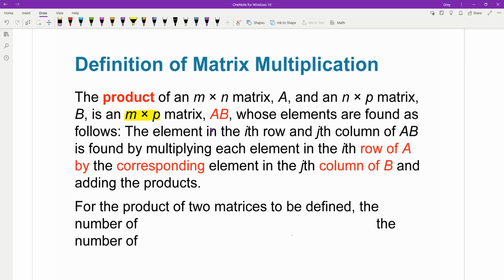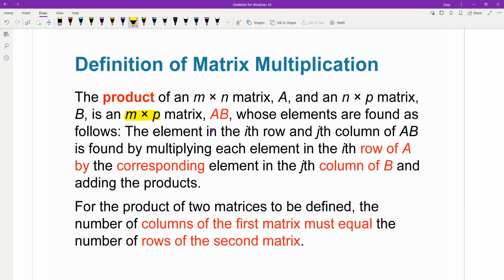So the columns of the first matrix must be equal to the rows of the second matrix. These two numbers, I know y'all did this last year, have to be the same. And this right here is the order of the new matrix, M and P, which is what I wrote right there.